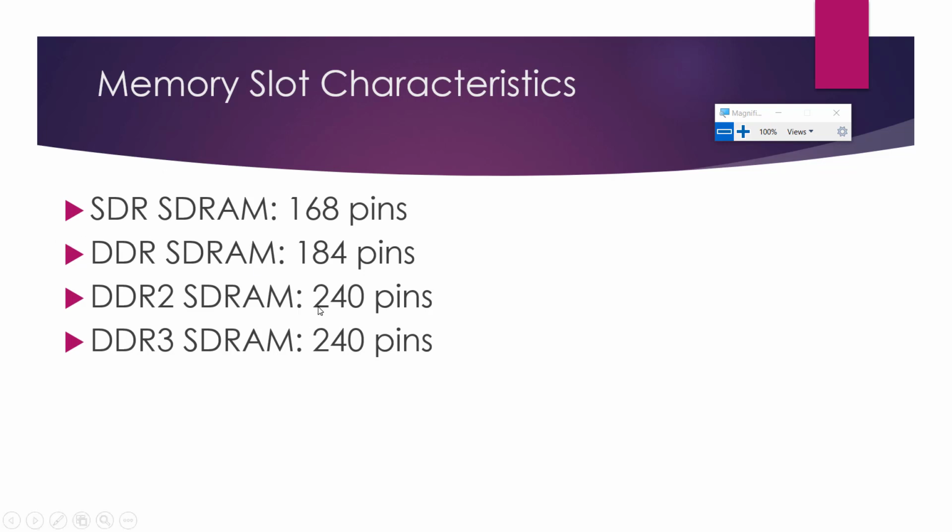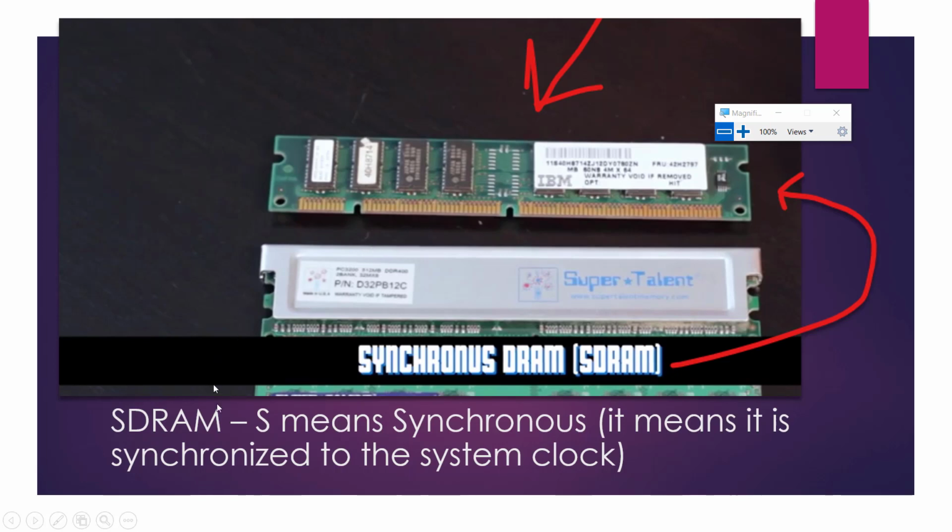These pins touch the motherboard here. So this is the capacity there for 240 or 168 that we are talking about. Now you can see SDRAM. S means synchronous. It means it is synchronized to the system clock.